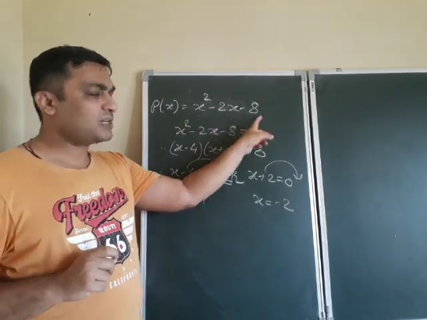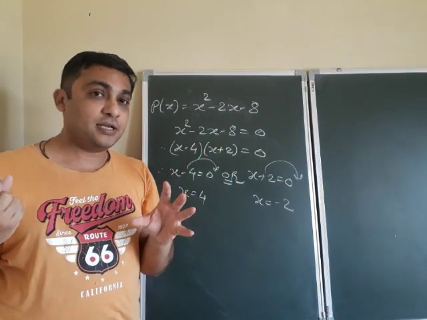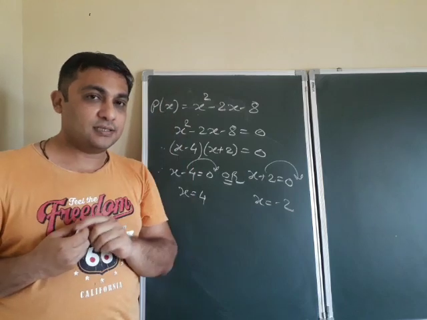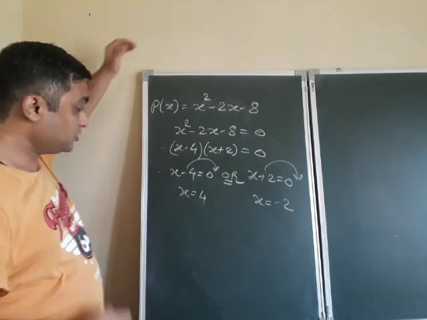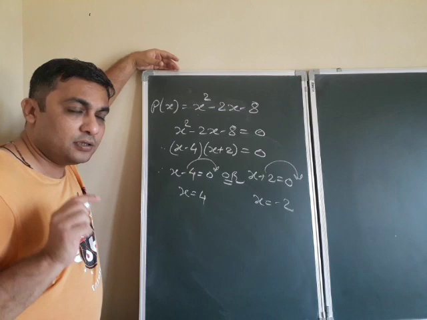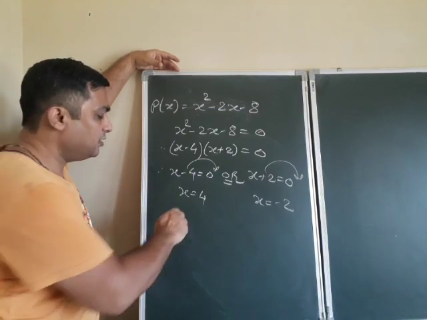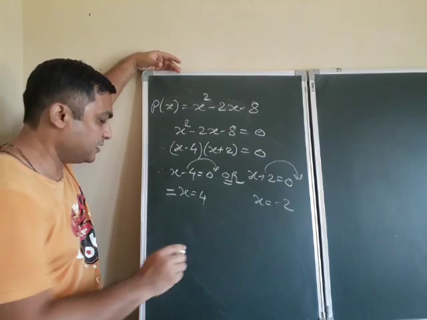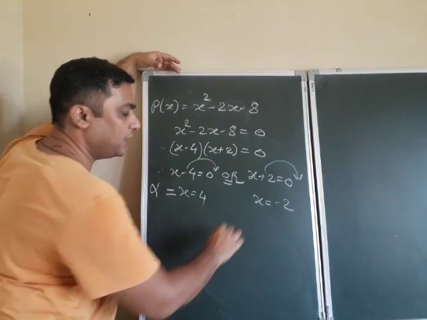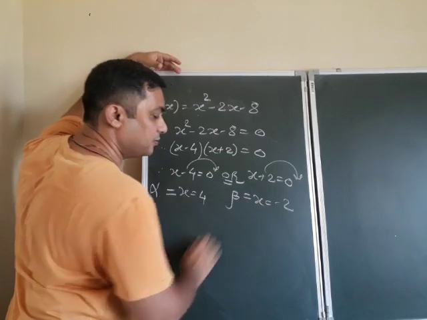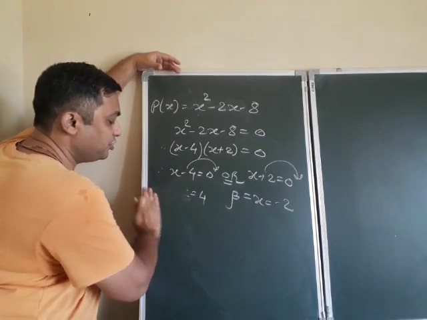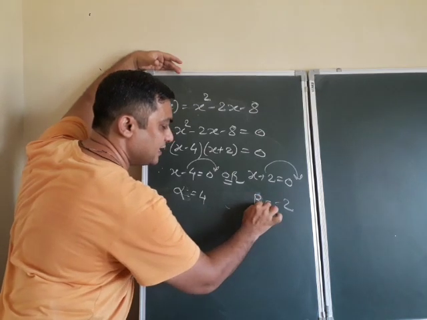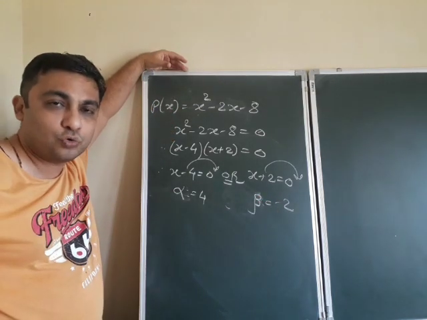If you compare with the standard form, you can find three constants: one is a, one is b, and the third one is c. Now the roots have another name, introduced by Greek letters. One is called alpha and one is called beta. Clear? So if one root is alpha, the other root is beta. We have these two roots.